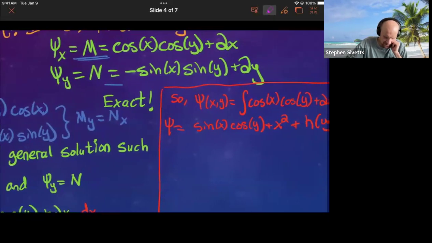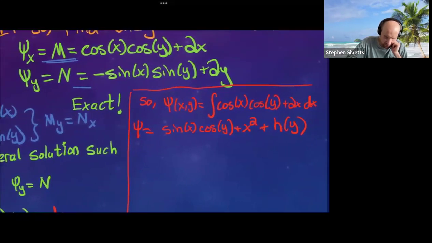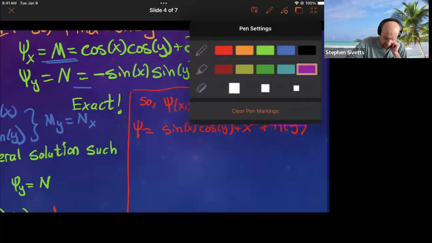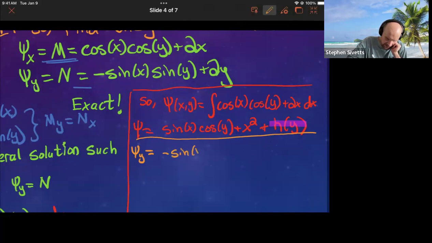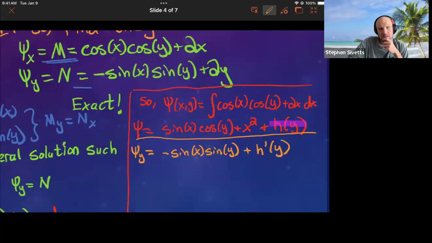So next step is solving for this h of y quantity here, right? So next, we're going to have to differentiate this quantity with respect to y. So psi with respect to y is equal to minus sine x times sine y plus x squared, that would be 0, and then we'll have a plus h prime of y.